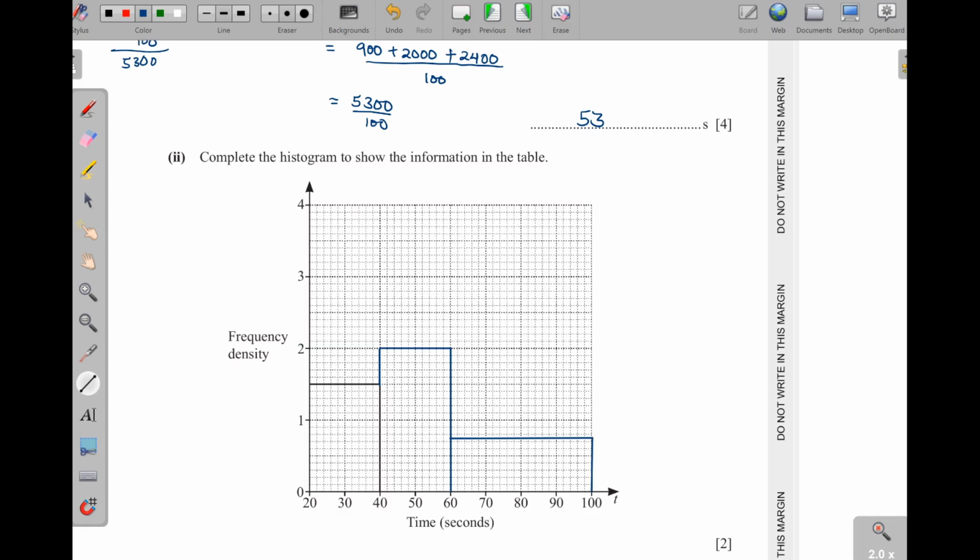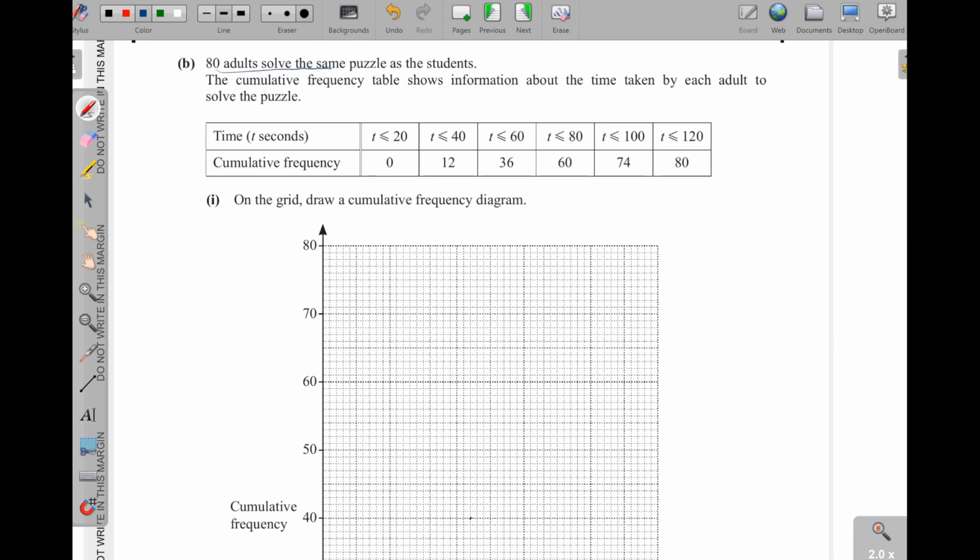As simple as that. Part B, 80 adults solve the same puzzle as the students. The cumulative frequency table shows information about the time taken by each adult to solve the puzzle. And we are given cumulative frequencies. Remember, for a cumulative frequency curve, we draw cumulative frequencies against the class boundaries.